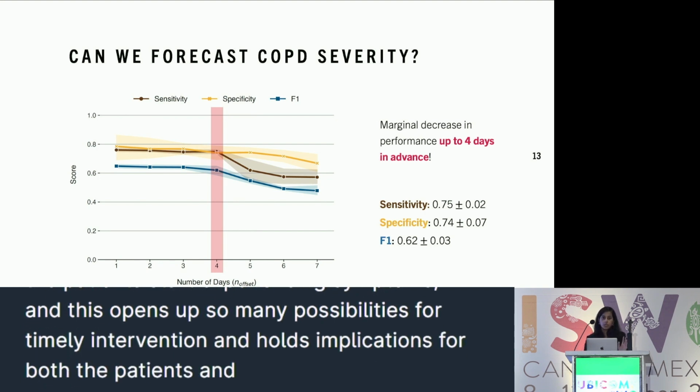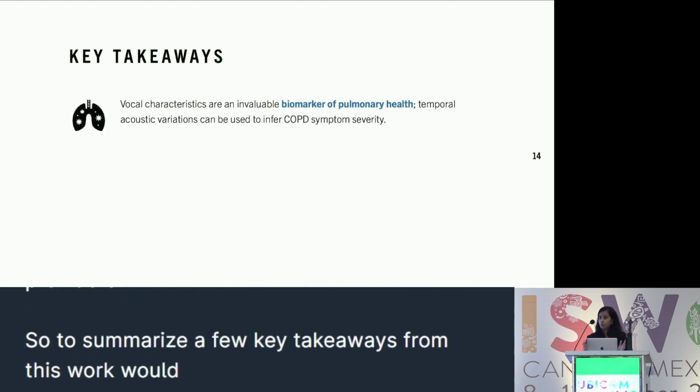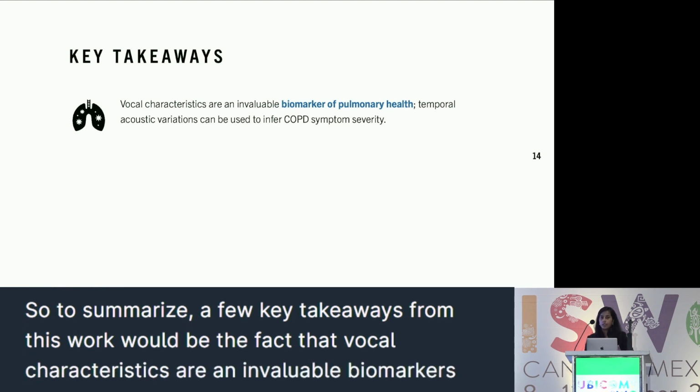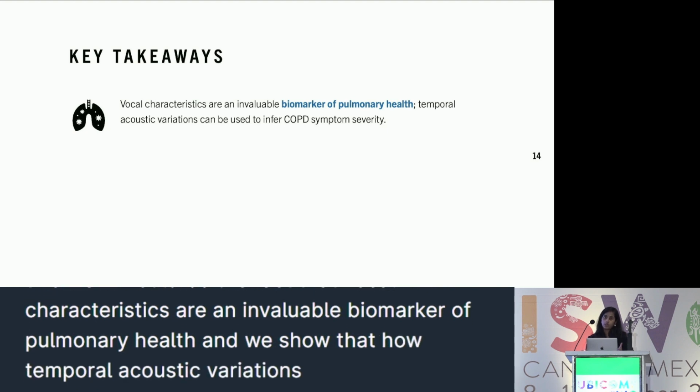So to summarize, a few key takeaways from this work would be the fact that vocal characteristics are an invaluable biomarker of pulmonary health, and we show how temporal acoustic variations can be used to infer COPD symptom severity.